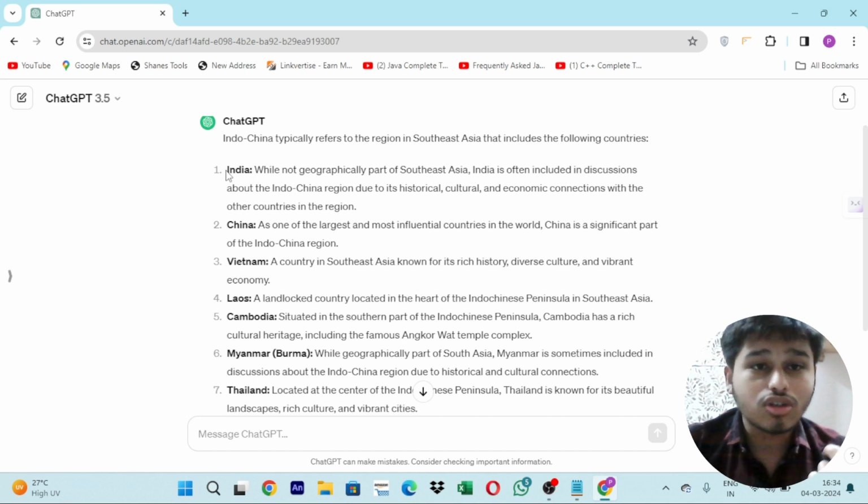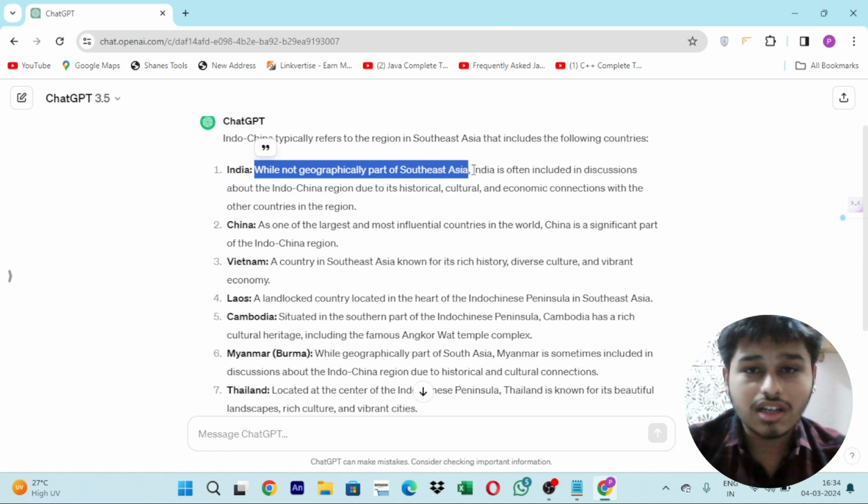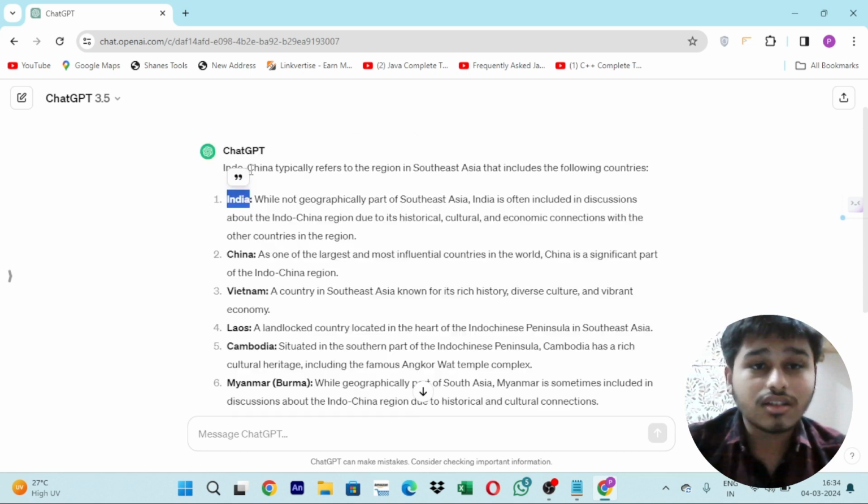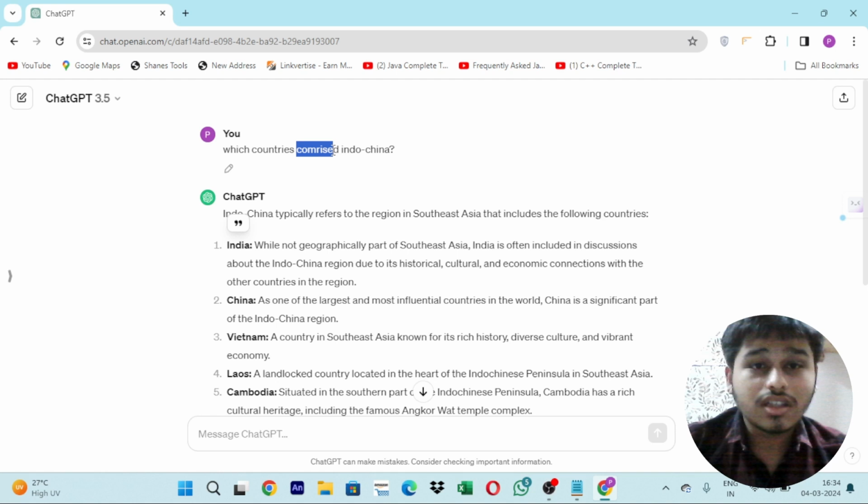And here ChatGPT is also explaining each country. You can see that ChatGPT is saying India, and explaining that while not a geographical part of Southeast Asia, India is often included in discussions about the Indochina region. So it is explaining why India is comprised in Indochina.